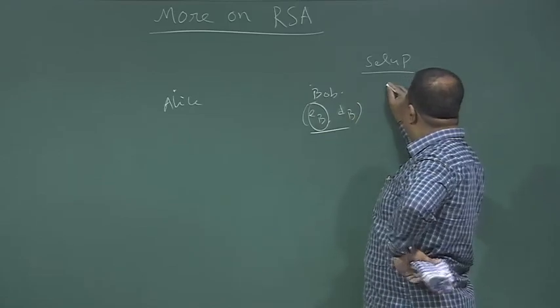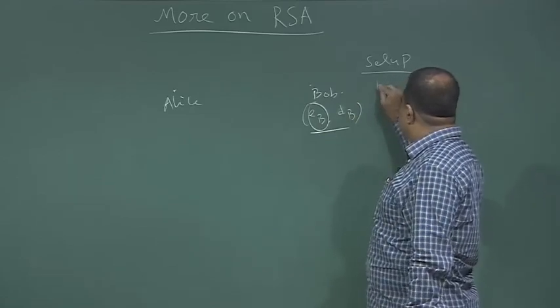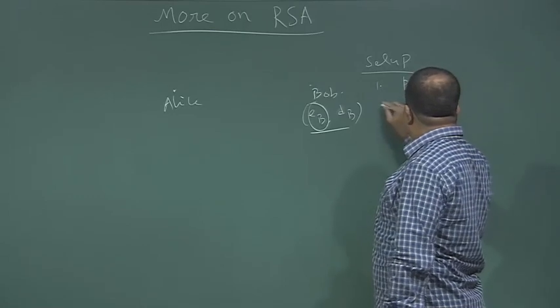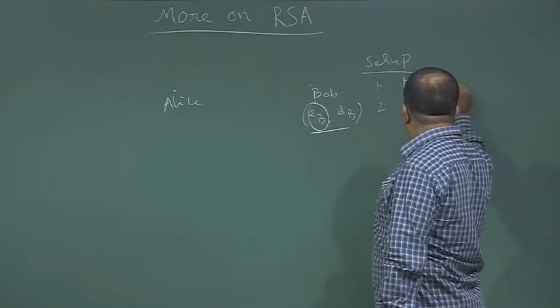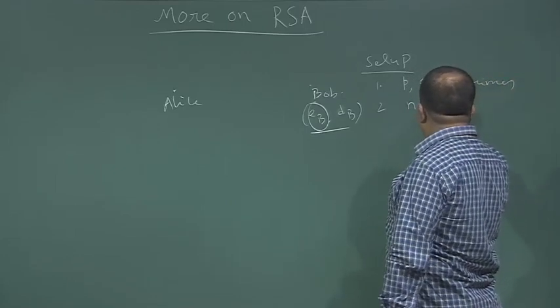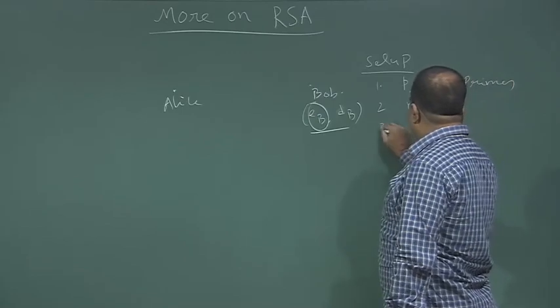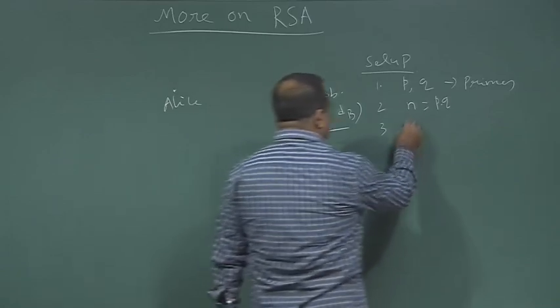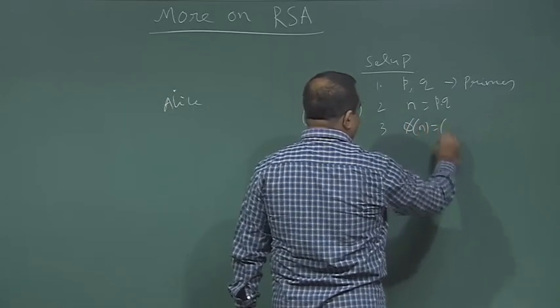For this setup, Bob has to choose two prime numbers P and Q. Then Bob computes n equals P times Q, and then computes phi(n), which is the Euler phi function.